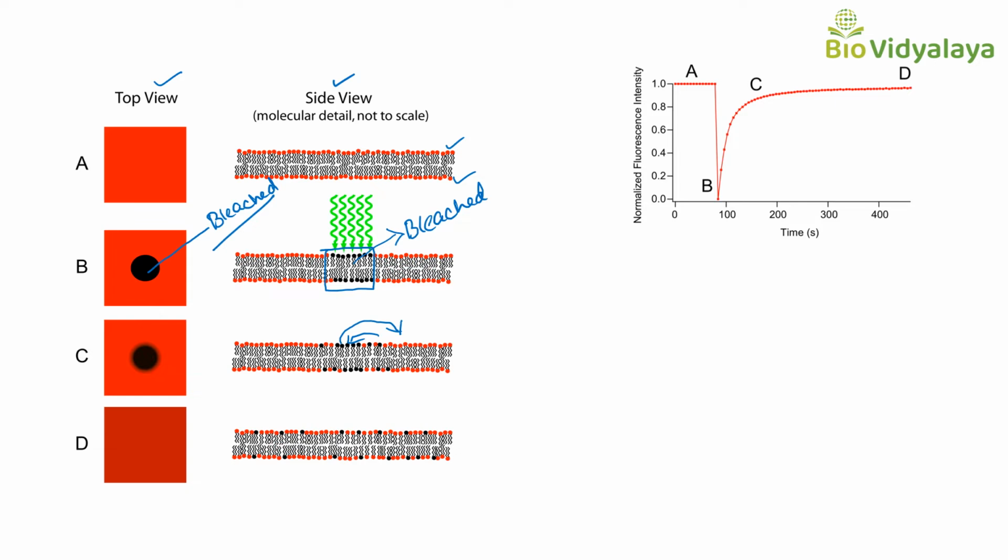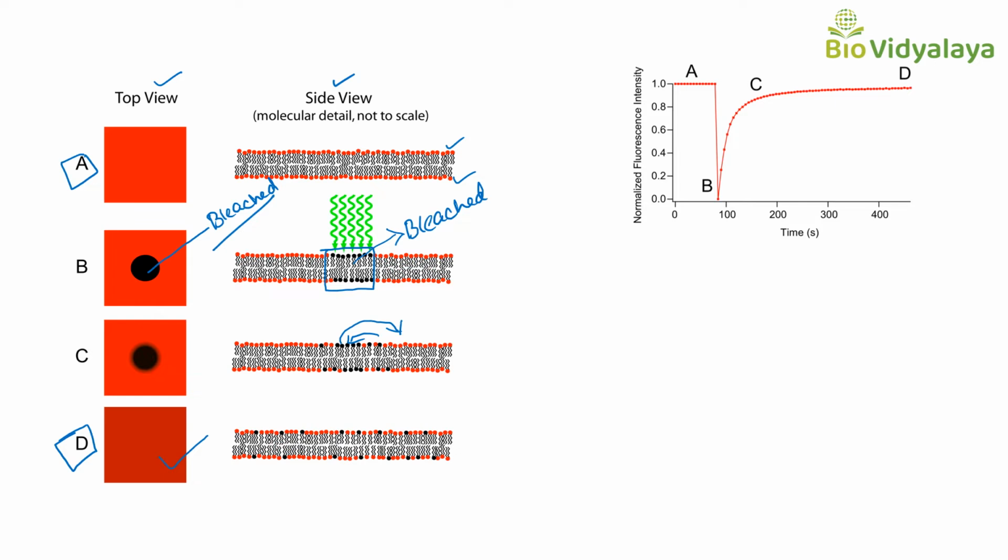Here you can see that eventually it attained uniform intensity compared to the first one, A. The fluorescent intensity is almost the same, but it is a little bit less in D. So eventually it restored its fluorescence.